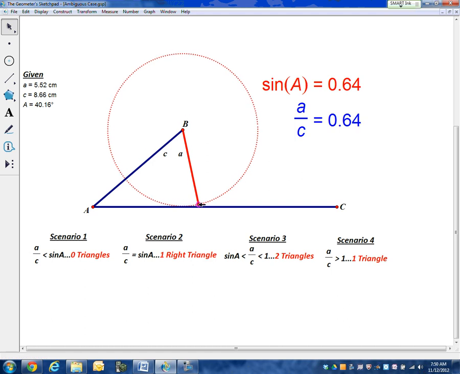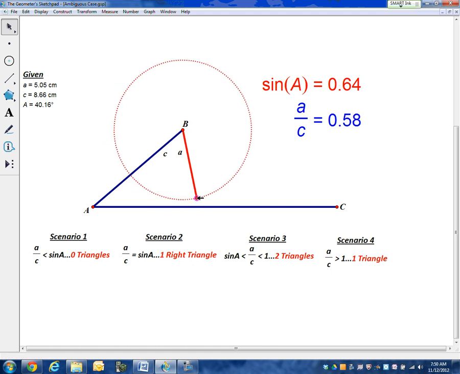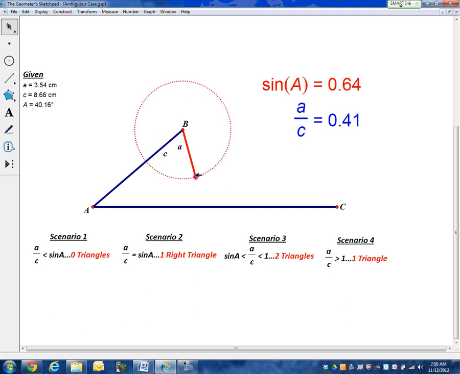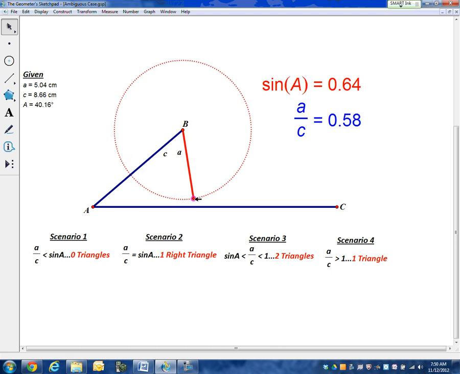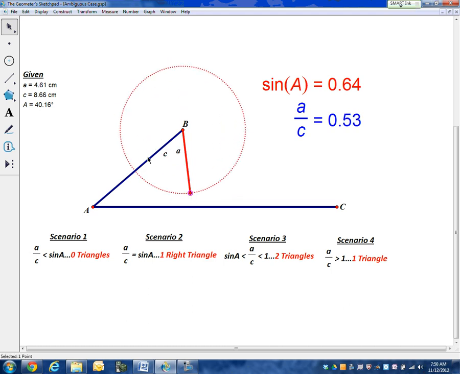I haven't created a triangle until I've extended it to that blue horizontal line. And what I want you to do is focus on these numbers on the upper right-hand side. Notice how if I have that short leg, that blue number is not going above the sine of A. It's always staying below, in this case, that 0.64.